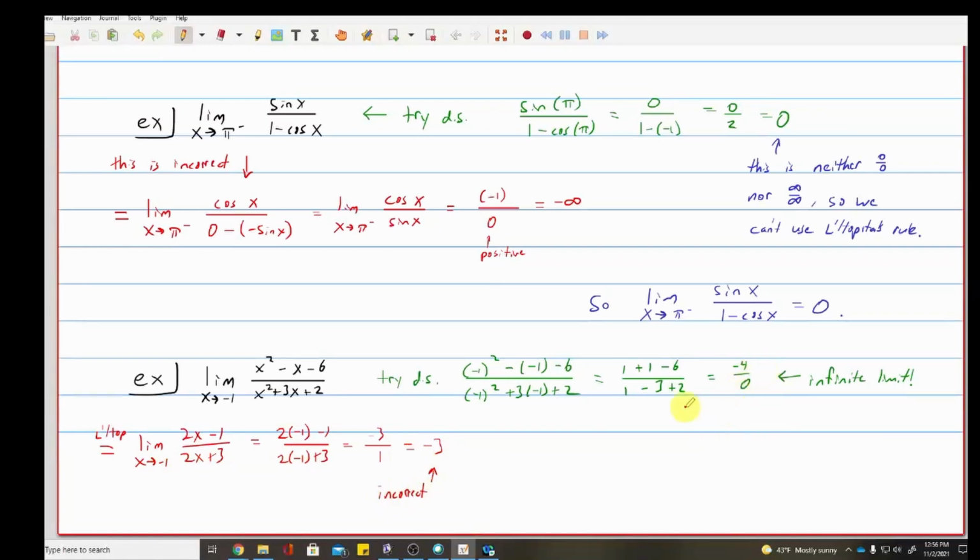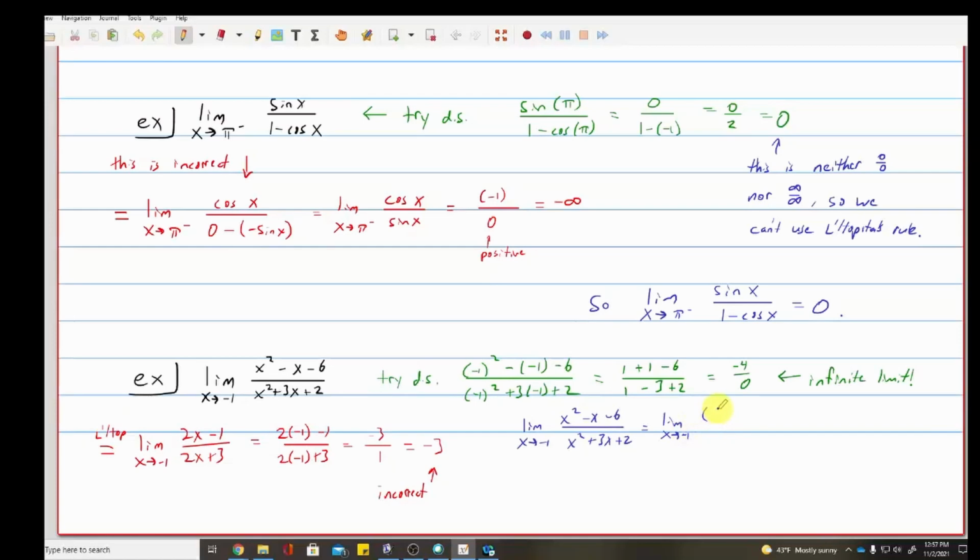When I have an infinite limit, I'm going to treat this just like I did with other infinite limit problems that we had back in Chapter 2. I'm not going to use any L'Hopital's rule stuff because it's not the right form. Okay, so I could look at this from the left and the right and see if they match. Just to make things a little bit easier, I'm going to go ahead and factor this.